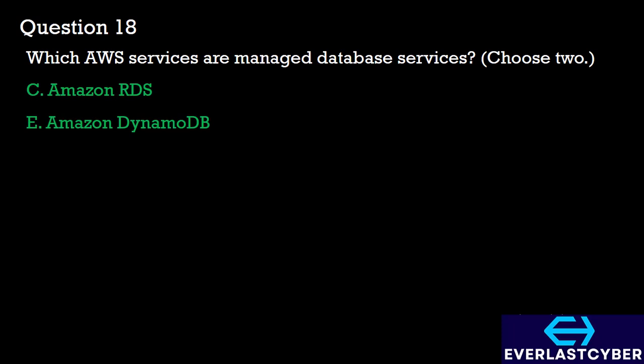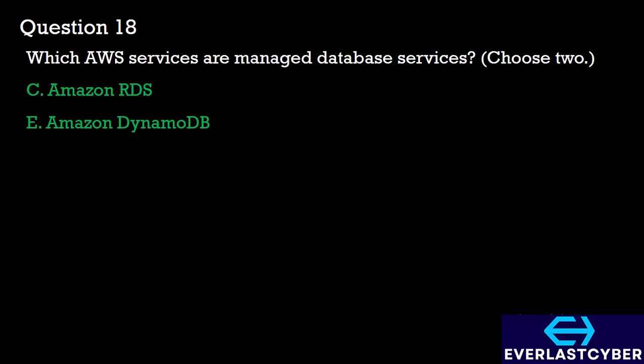Amazon RDS, or Relational Database Service, is a managed database service that simplifies the setup, operation, and scaling of relational databases in the cloud. It supports multiple database engines, including MySQL, MariaDB, Oracle, and Microsoft SQL Server, and it also automates tasks like backup, patching, and scaling.